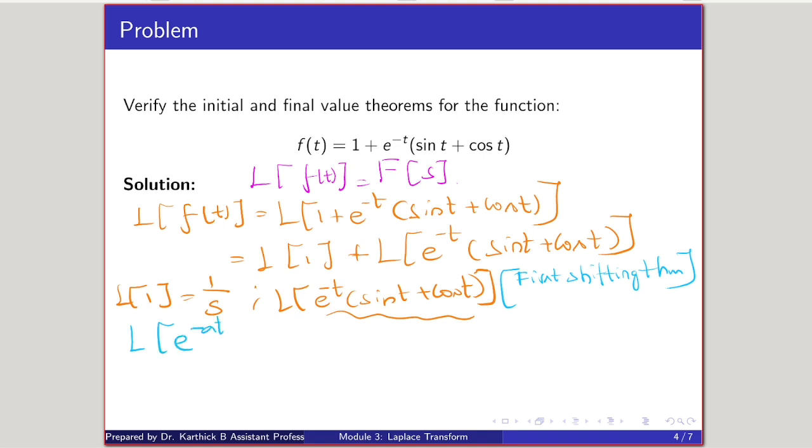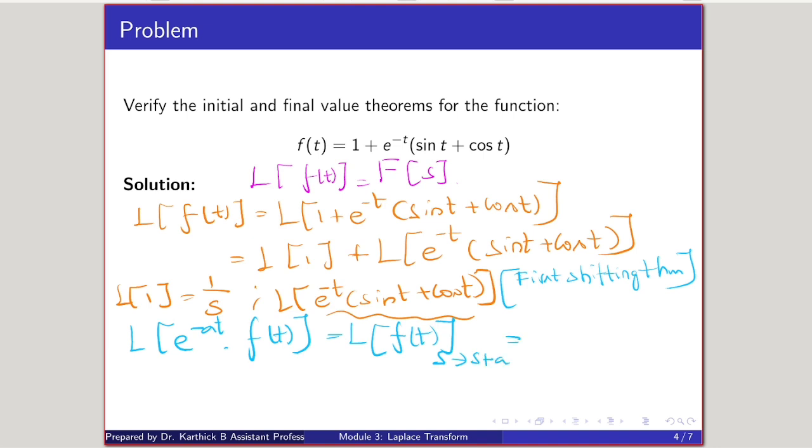The first shifting theorem is in the form of Laplace of e power minus at f of t. If I am finding the Laplace of a function like this, the exponential times f of t, it will be equal to Laplace of f of t, where s goes to s plus a.